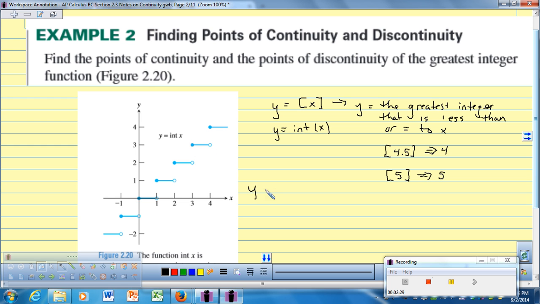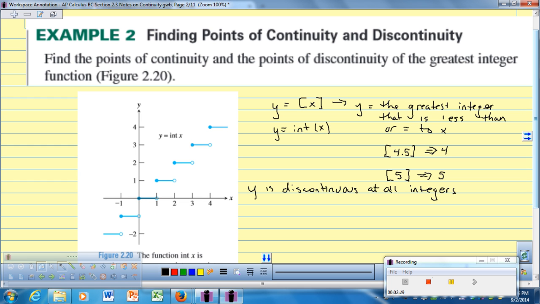So we would say y is discontinuous at all integers. So you can see that is where we have our disconnect in our graph.